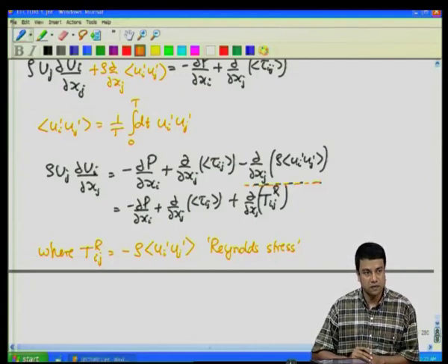Because of this, we cannot just decouple the mean velocity from the fluctuating velocity. Since there is substantial transport of momentum due to velocity fluctuations, it is important to be able to model this turbulent Reynolds stress tensor, because if we do not do that, then we would neglect the largest contribution to the stress.